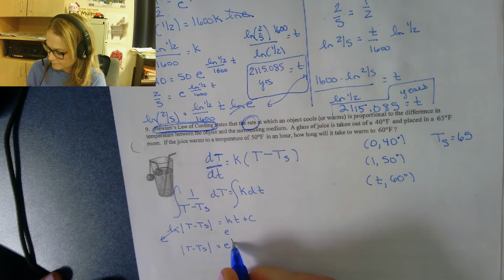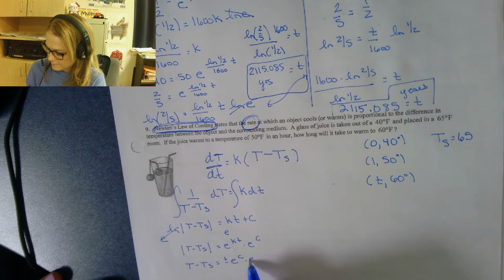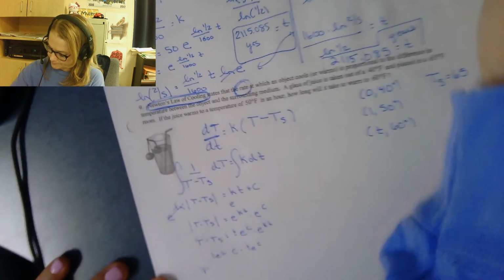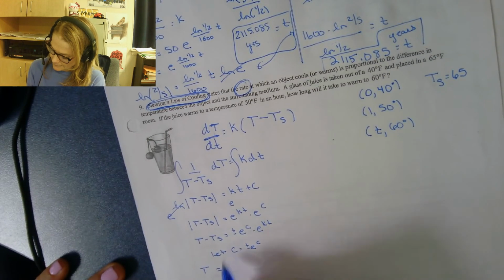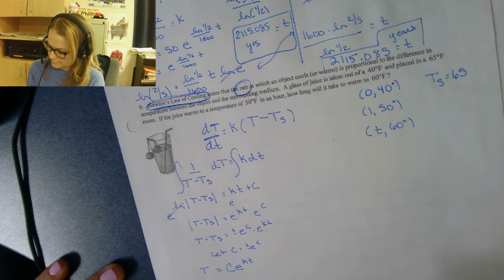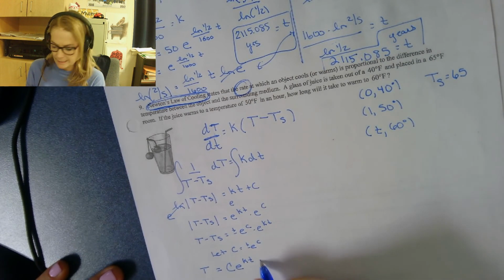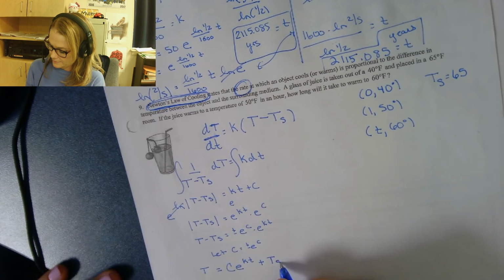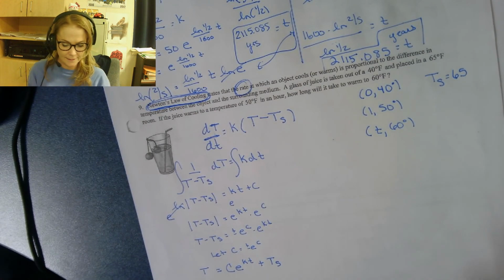Split, absolute value, plus or minus. So we're going to say T minus T surrounding equals C e to the kt. It looks a lot like PERT, so I wanted to show you that, but we're just adding in this T surrounding here.